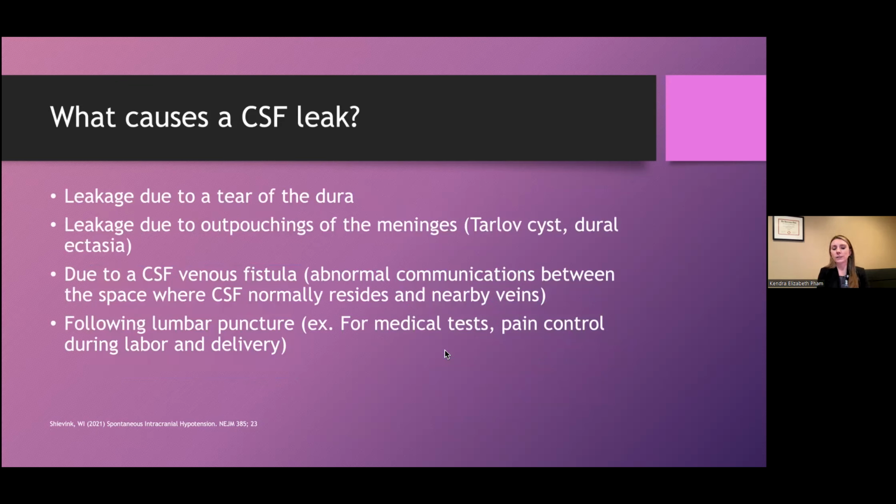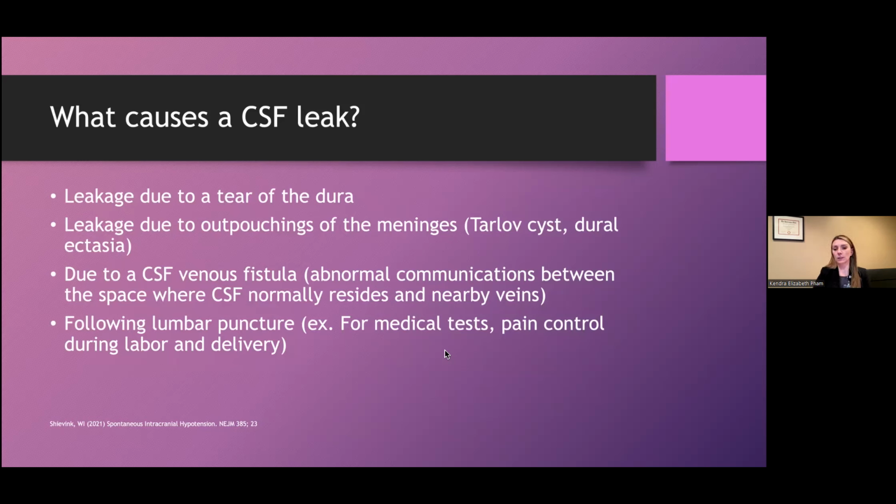So what causes a CSF leak? Well, it's due to a leak or tear in the dura. And it can also be due to outpouchings of the meninges. So those layers that surround the spinal cord, if they form little outpouchings off of it, fluid can collect there.